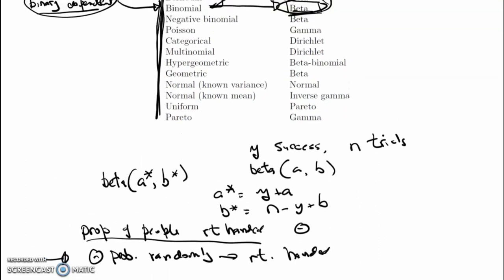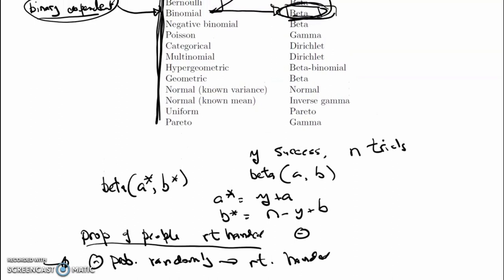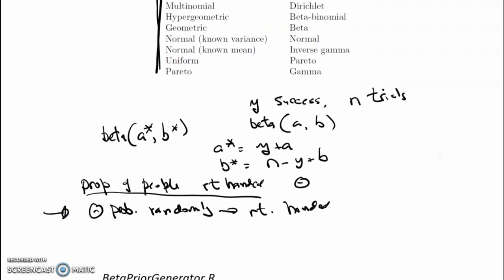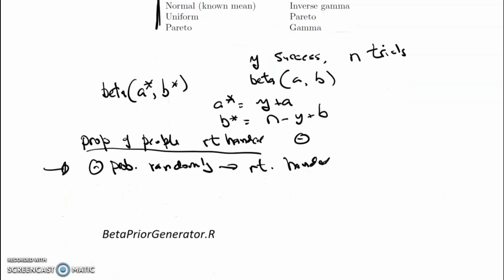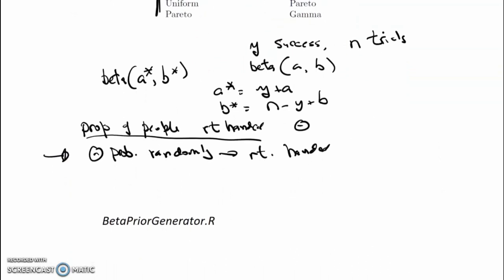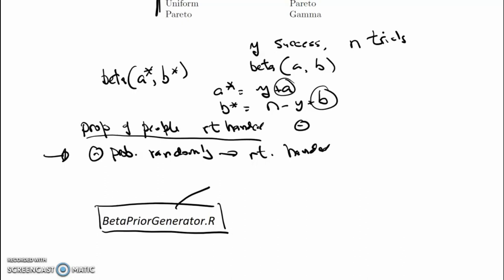So I'll need to begin with, I know I'm going to need a beta distribution, but what are my A and B parameters going to be? There's a couple ways I can arrive at my A and B parameters. On E-class, you've got the beta prior generator.R program, and just by trial and error, you can put in different A and B parameters until you get a beta distribution that reflects what seems a reasonable prior belief about what proportion of the people in the population are right-handed.